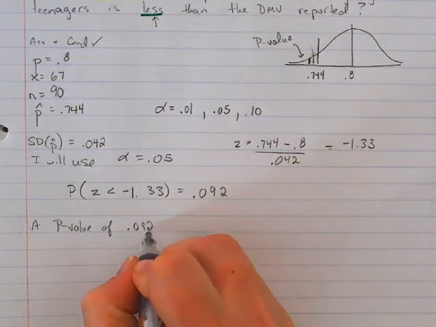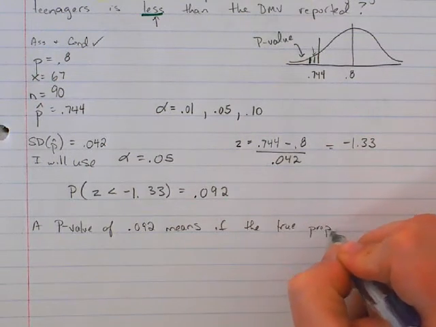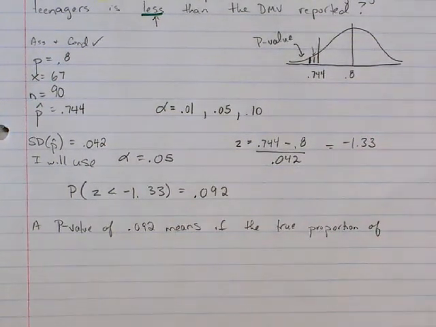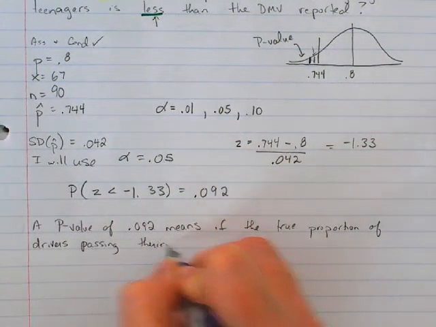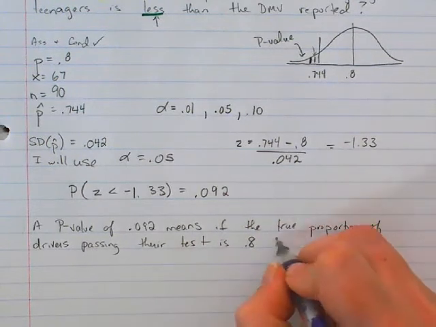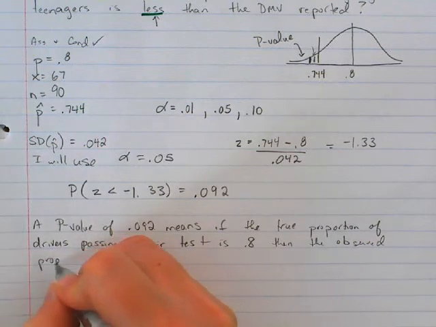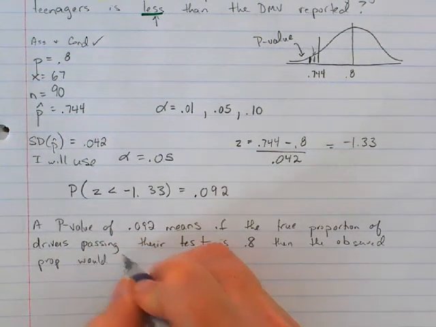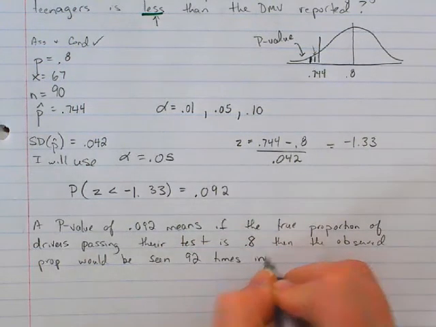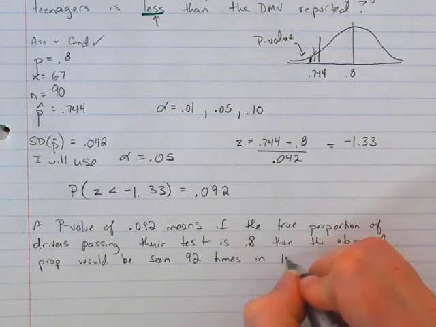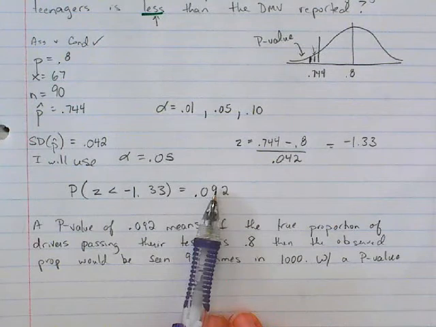I would say a p-value of, see if you can finish it before me, 0.092 means that if the true proportion is 0.8, then the observed proportion would be seen 92 times in 1,000, with a p-value.